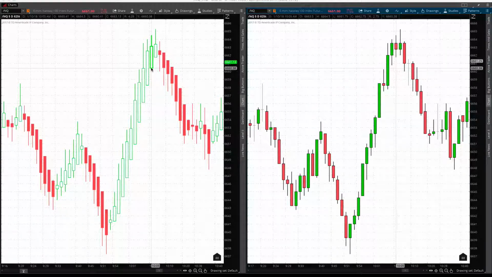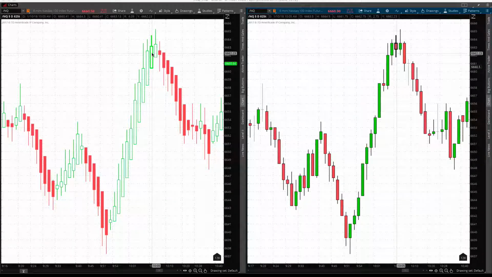Now the high and the low of a Heikin Ashi bar are calculated by the maximum or the minimum of the high or low and the open and the close. So the high of a Heikin Ashi bar is the maximum of the high of the candlestick or the open and the close of the Heikin Ashi.